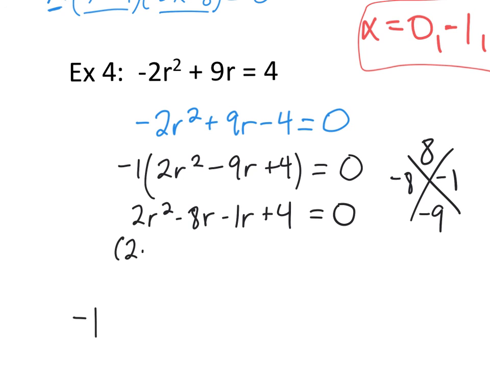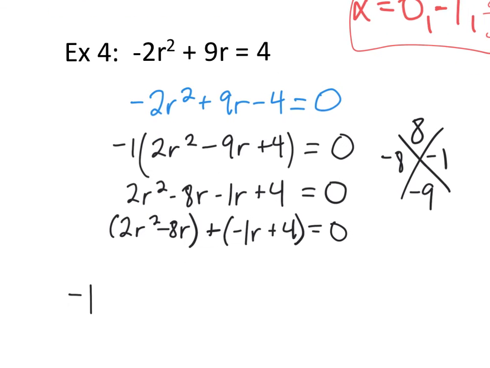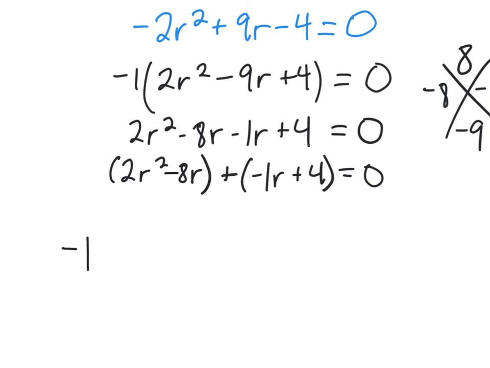Group my first 2 terms together. Plus sign, next 2 terms together. 2r squared and -8r have what in common? 2r. And I have r minus 4 left.